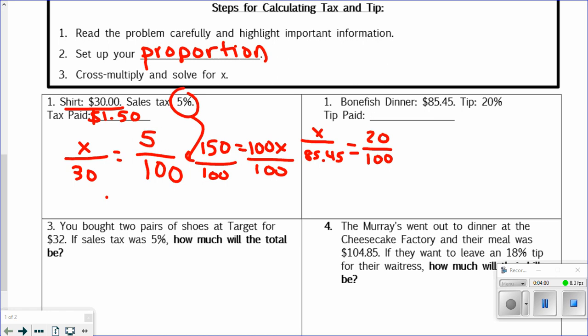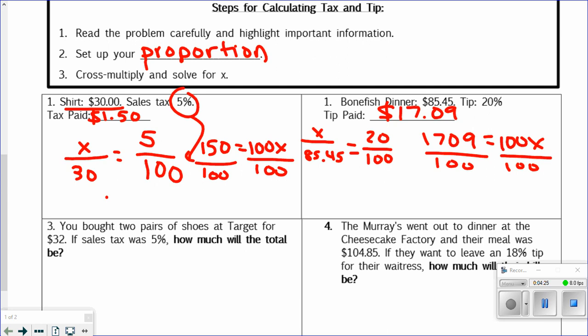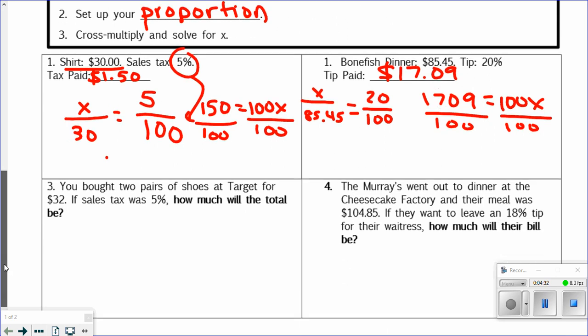I'm going to go ahead and cross multiply $85.45 times 20 is 1709 equals 100x. Divide both sides by 100. My tip is $17.09. That's not the only thing I'm paying though, but if the question just asked for the tip, $17.09.